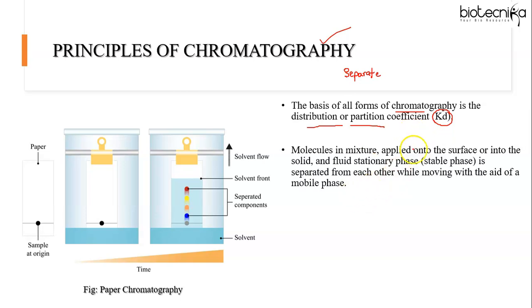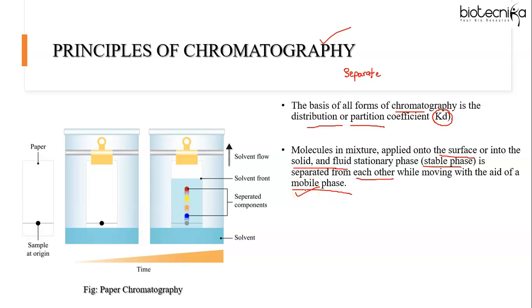Molecules in a mixture are applied onto the surface or into the solid or fluid stationary phase, which is a stable phase, and are separated from each other while moving with the aid of the mobile phase. So in chromatography, two phases are used: one is the stationary phase, which is stable, and the other is the mobile phase, which moves in a particular direction.